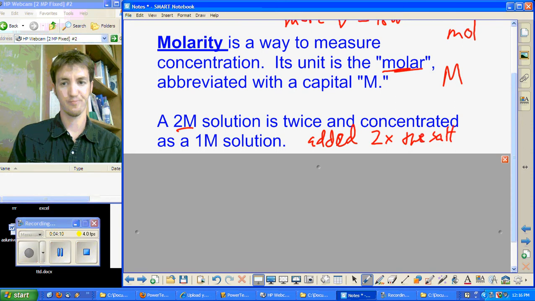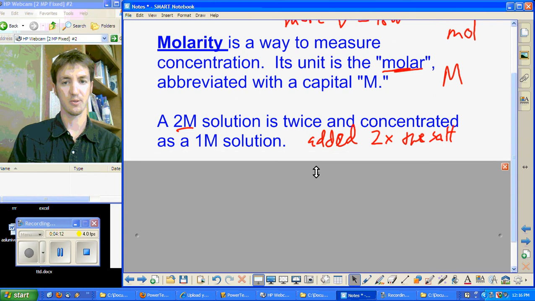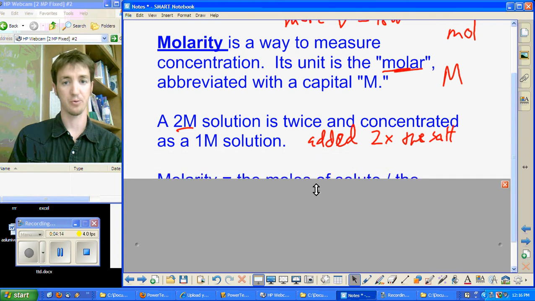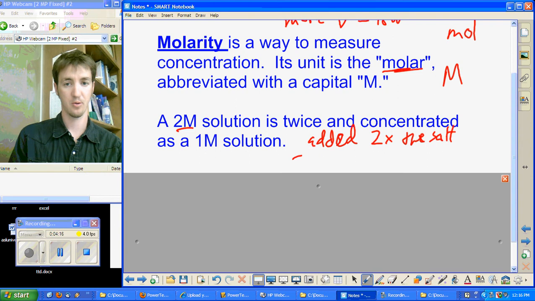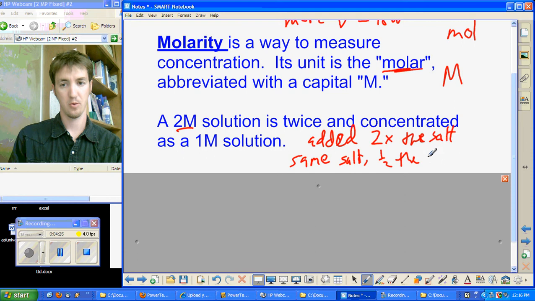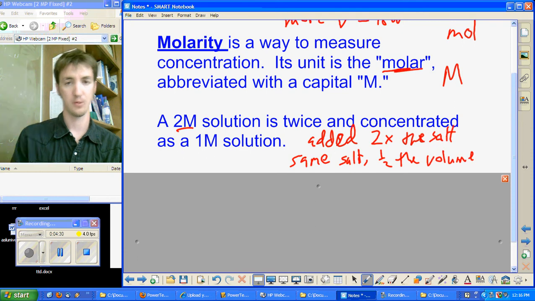Or I could have added the same amount of salt, but to a smaller container. That's how you could look at it.